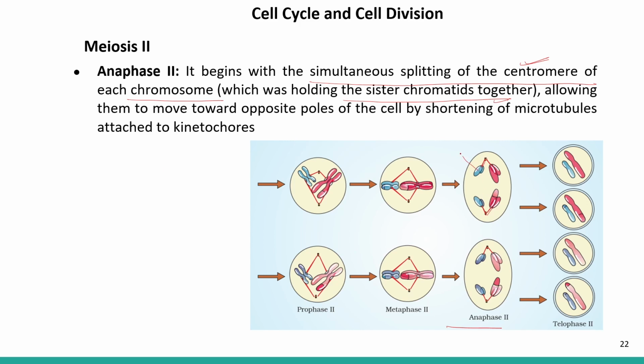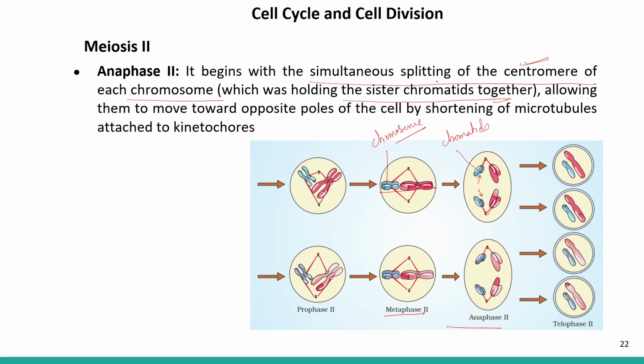So this is chromatids, and this is chromosome, right? Chromosome at the equatorial plate, that is at the metaphase. But both the chromatids get detached and move toward the opposite poles, okay?